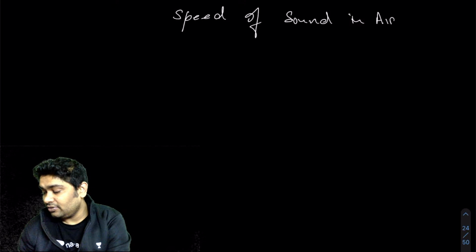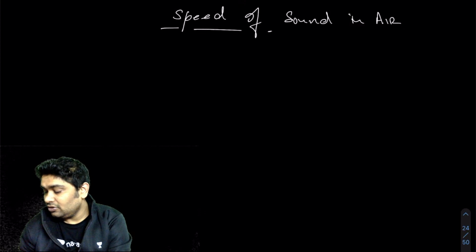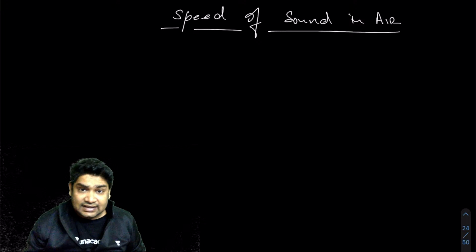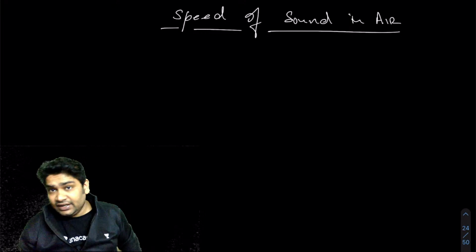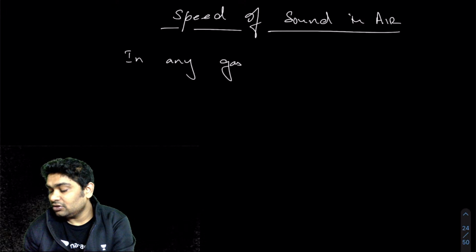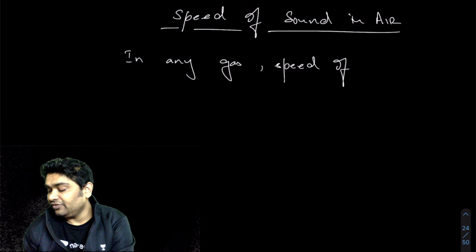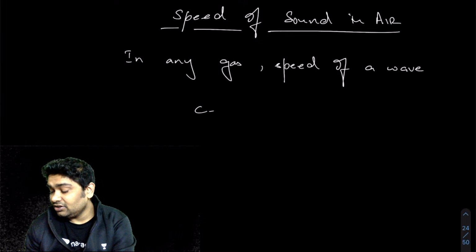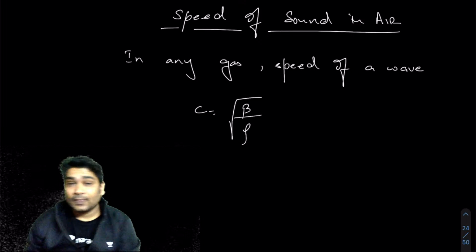In any gas, the speed of a wave, again I'm not going to show you the derivation, I'm just telling you the result, c is root of beta over rho.